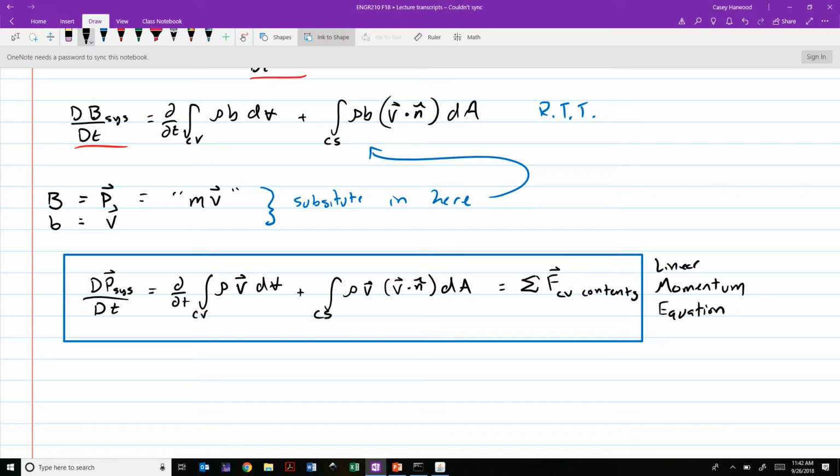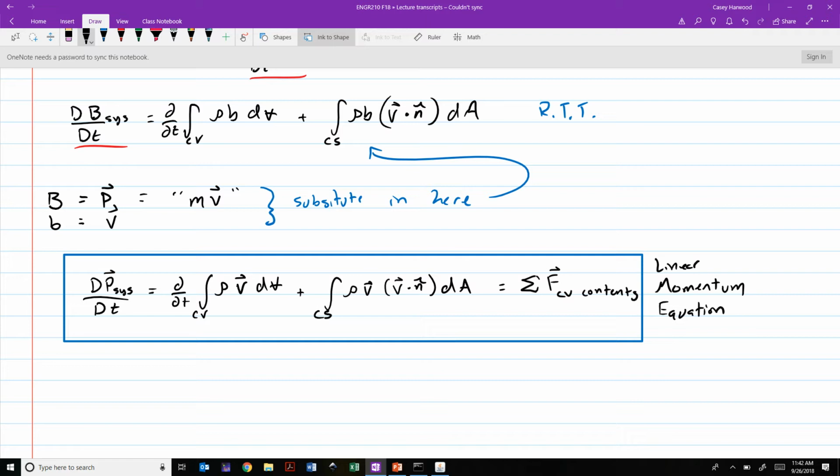V, the amount of linear momentum per unit mass. Remember, this V dot n represents the rate at which that quantity V is being carried across the control surface. So you're talking about the rate at which velocity is moving across a control surface, which means the rate at which that linear momentum is crossing the control surface.